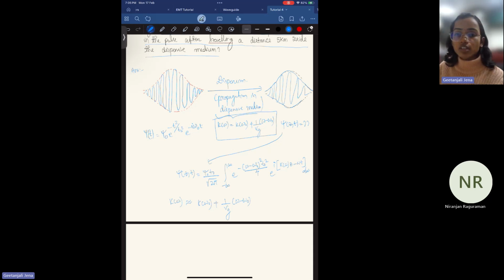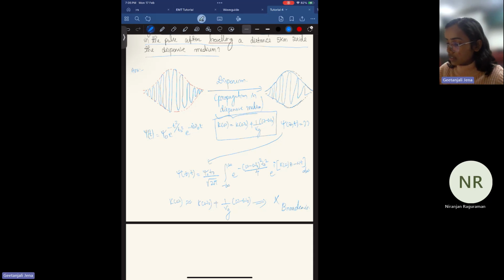Up to first order, if you recall from the lecture, there is no spreading of the pulse. So whatever the temporal width of the initial pulse, after propagation it will have the same temporal width and the same amplitude. So this will give no broadening.